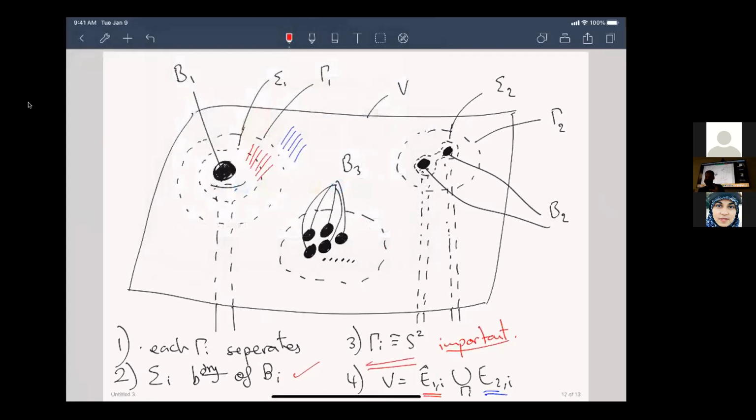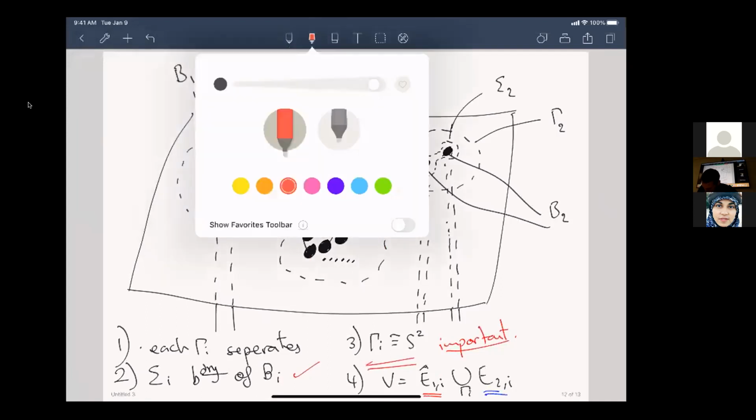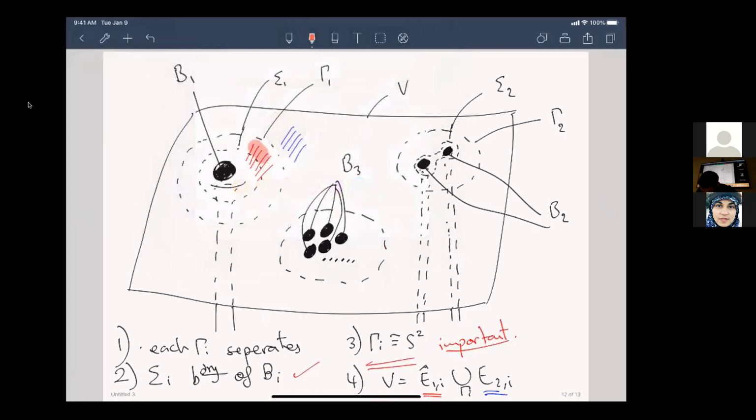The hat denotes that you're considering everything inside. If you're just interested in this particular region here, you can denote it E1I, and then the whole guy inside is E hat 1I. The separating assumptions of the gammas and the sigmas allow you to actually denote these sets.